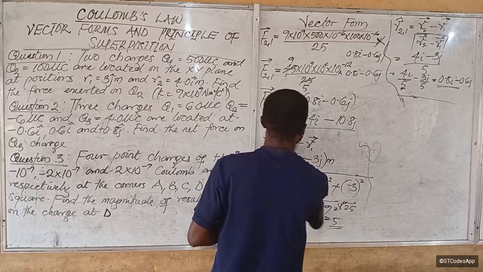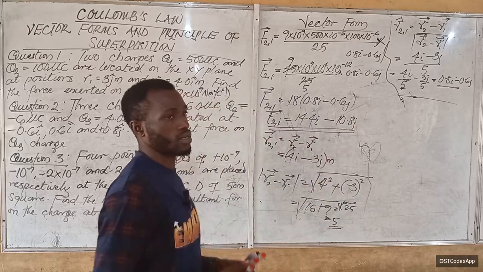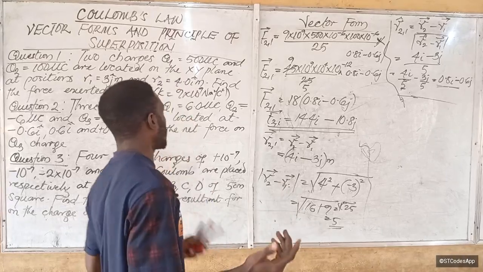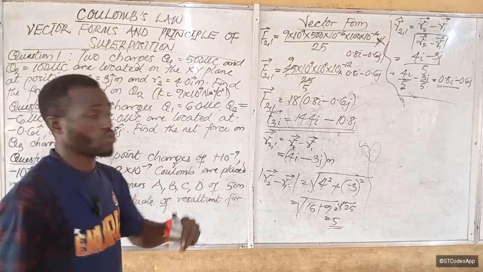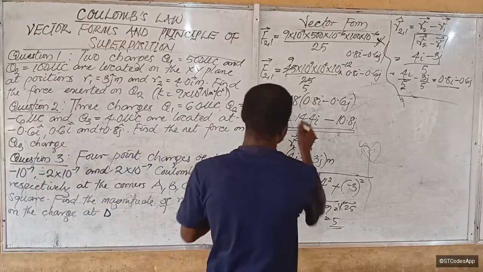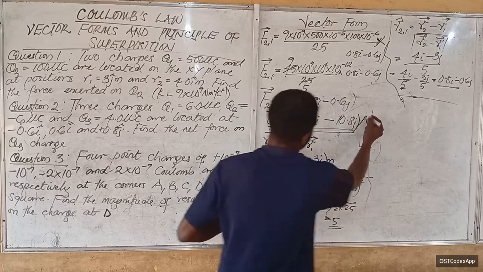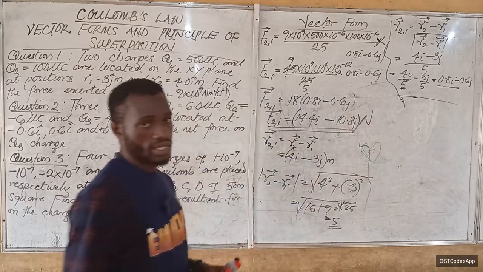So in vectorial form, this is going to be our answer. We can still find the magnitude if we wanted to, but since our question is like this, I guess we can just leave our answer this way. All of this in Newton. You must put the unit.